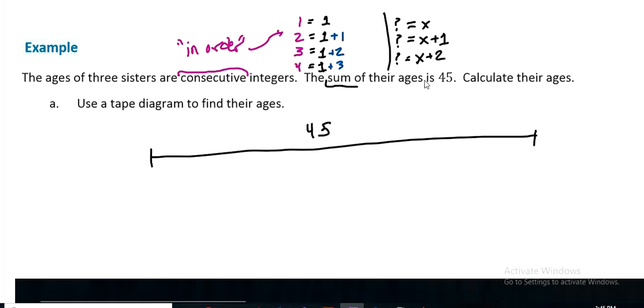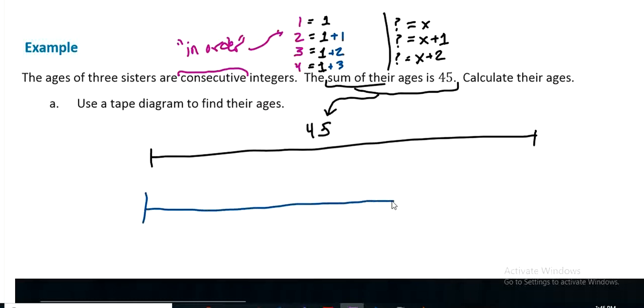I know that all three of their ages put together equals 45, so I put my total amount up there on that tape. This part right here is going to be the line that represents the three sisters. So this is the sum. Let's break this line up into those sections of three sisters.